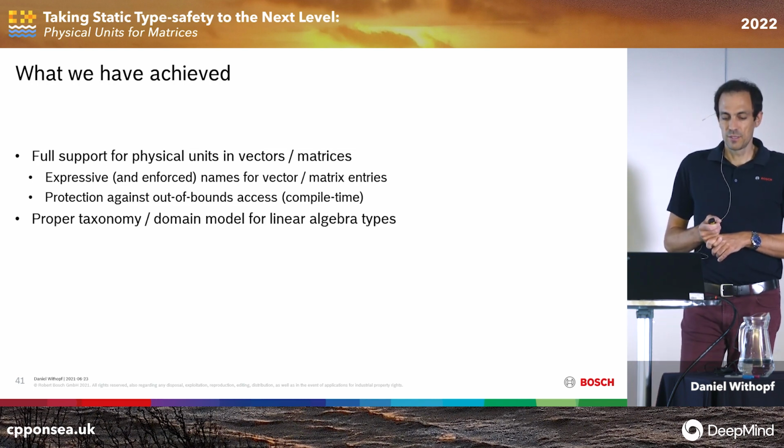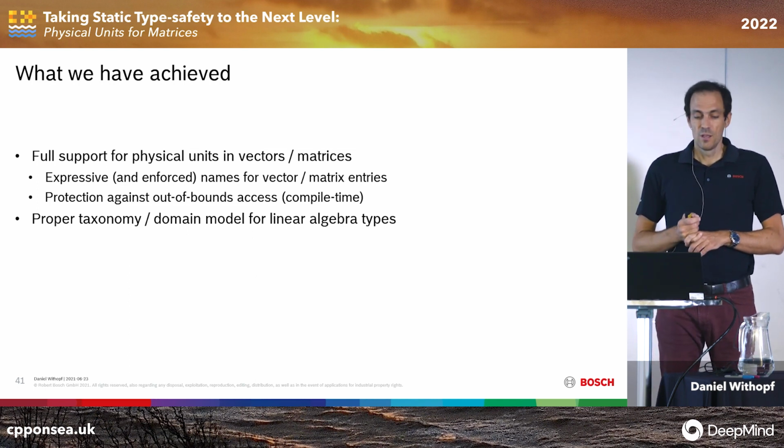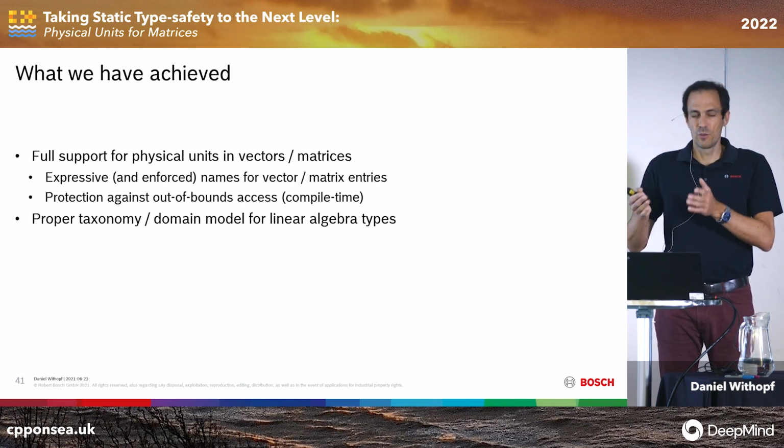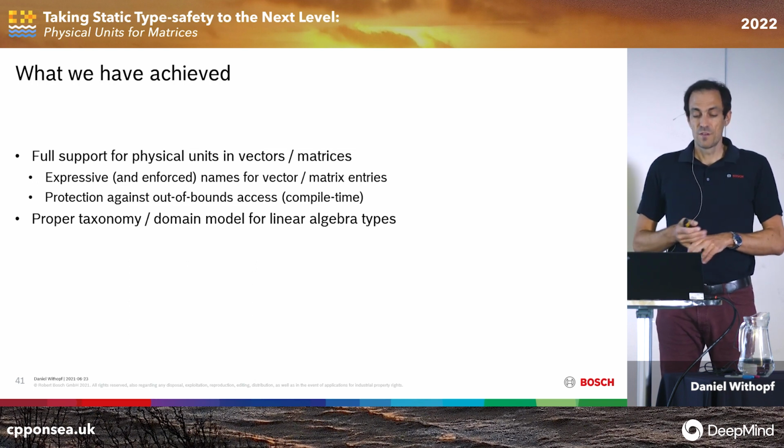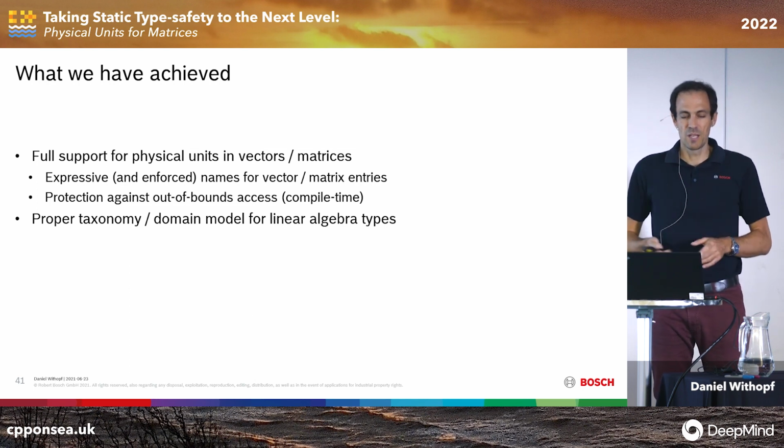Furthermore, we've also seen how we can come to a proper domain taxonomy or domain model for all linear algebra types. So we've seen covariances, Jacobians, vector collections. For me, this is one of the big benefits, because when I read other people's code, this is usually what I ask for first. So is this a covariance matrix, a Jacobian? Are these vectors stored in a matrix?